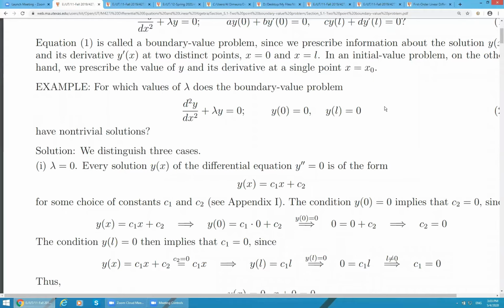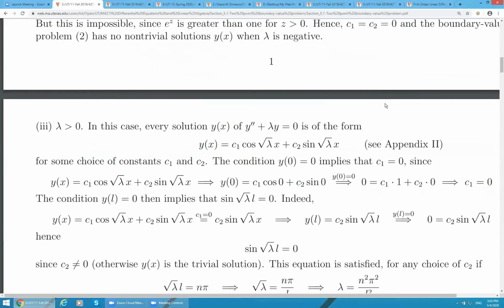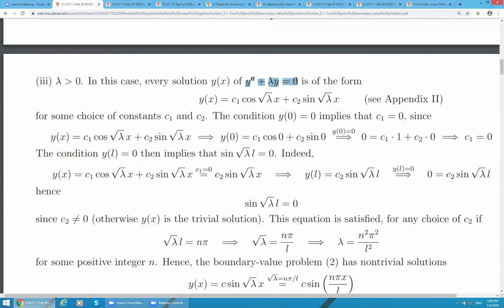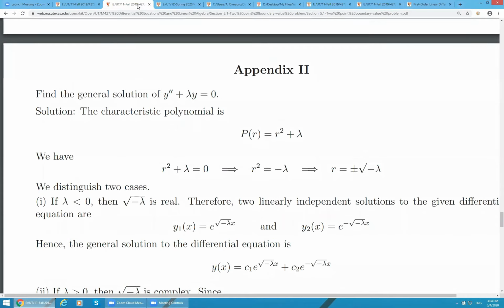Now let us consider case 3. Case 3, suppose lambda is greater than 0. We start with our equation and find the general solution of this equation. We apply the standard procedure.